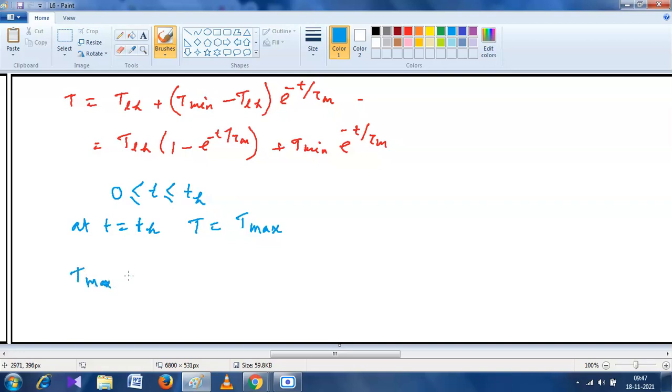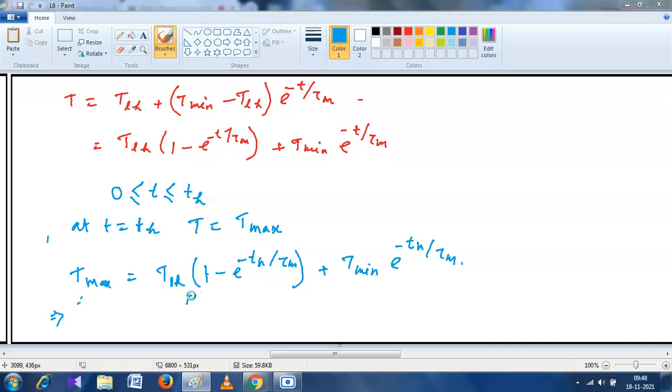T max is equal to TLH (1 minus e to the power minus TH by tau m) plus T min e to the power minus TH by tau m. देखिए ऐसा होगा। So we have to calculate the value of tau m from this equation.